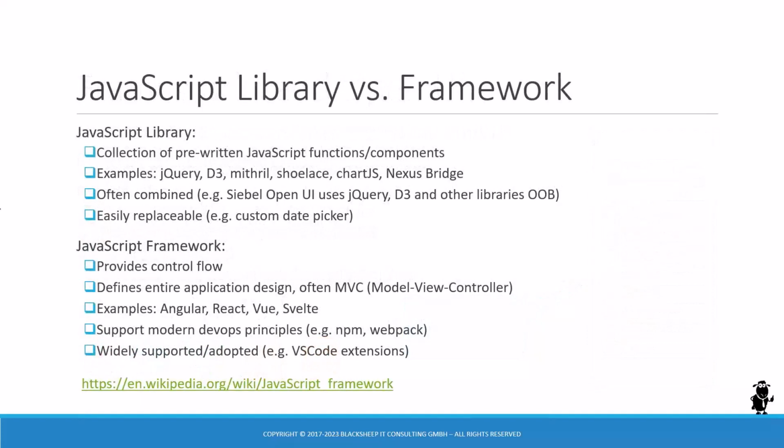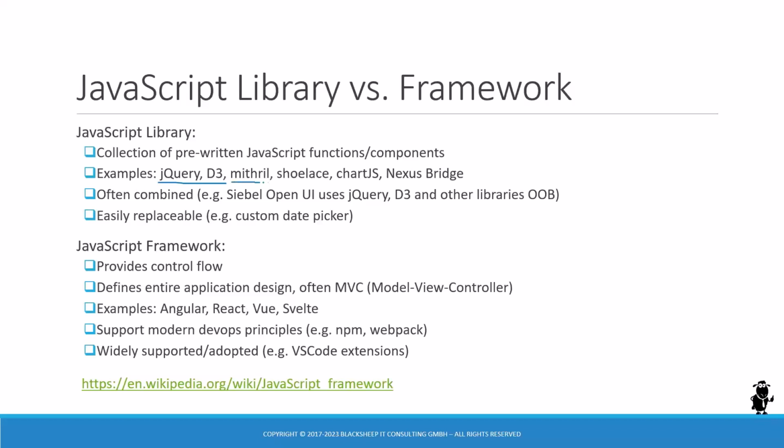So here I'm listing in this discussion library versus framework. It's not really versus. You can choose whatever works best for you. But a few examples. jQuery and D3, for example, are used with Siebel. So modern Siebel OpenUI uses these two libraries, so they are readily available. But it really is no big effort to download a library, a collection of JavaScript functions, literally, and include it in Siebel.